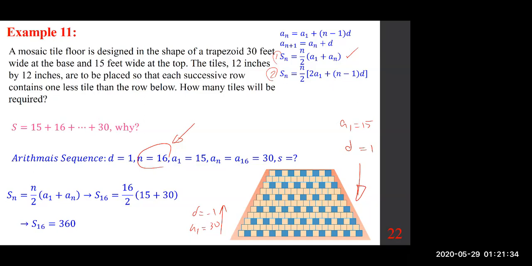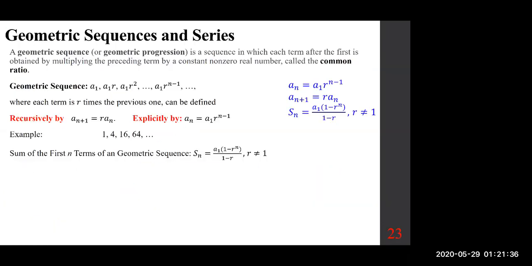Here's the next example. Here's the next topic. We discussed the geometric sequence, and again, we have the following formulas. The general term, and normally we want the first one. I want you to know that, at least in this course.